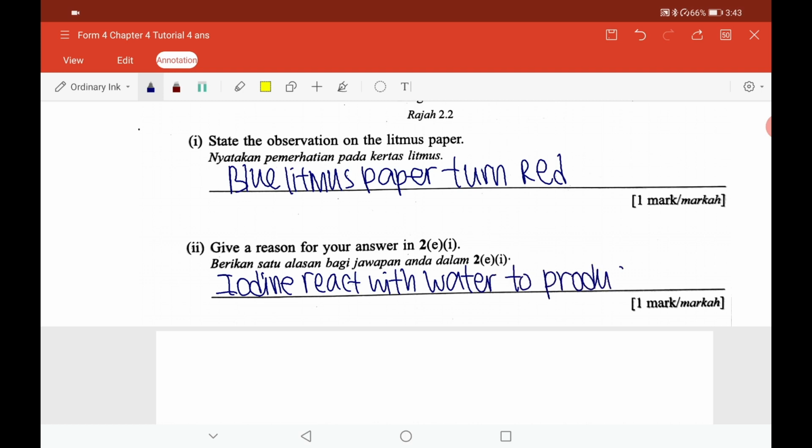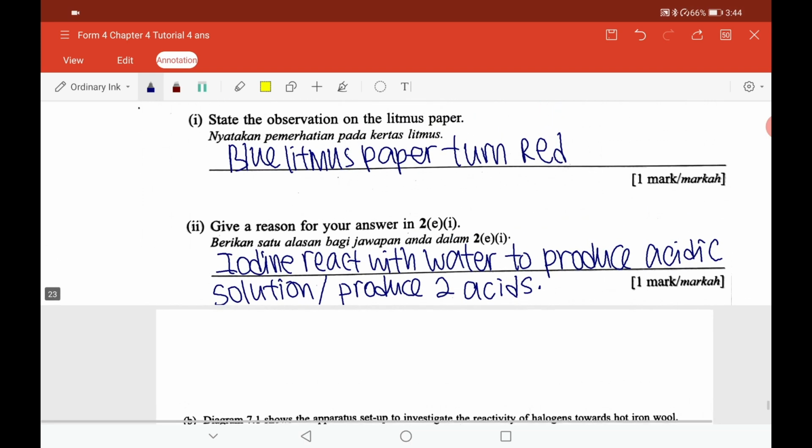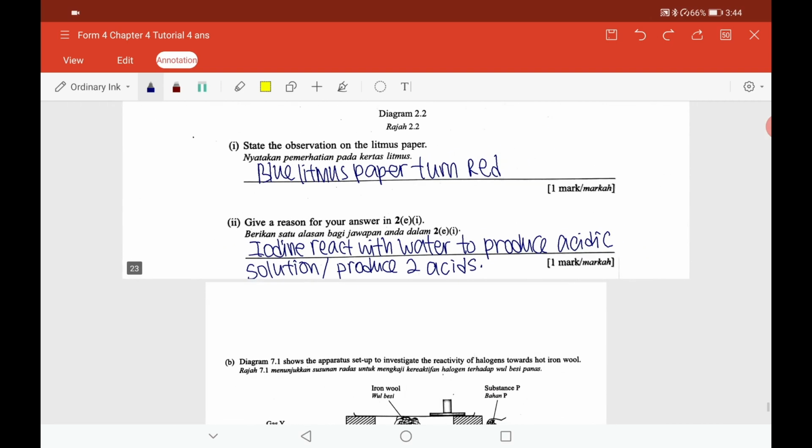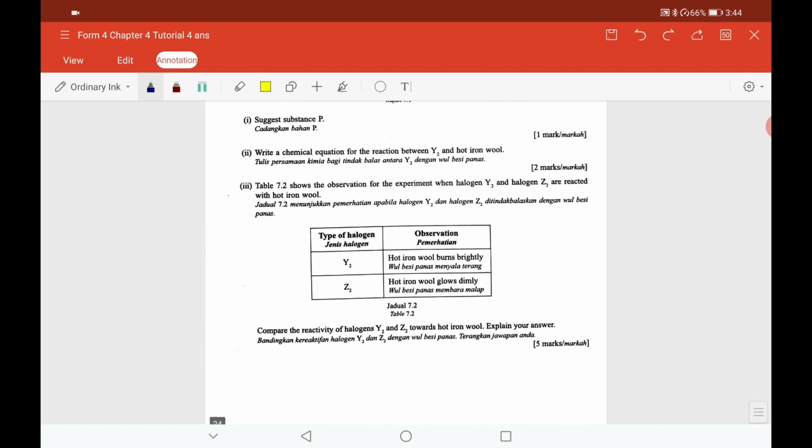You can say you will produce an acidic solution, or if you don't want to write acidic solution, you can also say it produces acids. So when group 17 is put in water, they produce acids. That's why the litmus paper changed from blue to red. This is a very straightforward question. It's not very hard. Make sure you understand the concept.